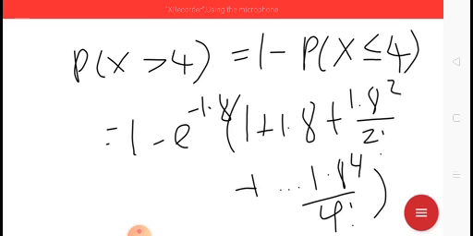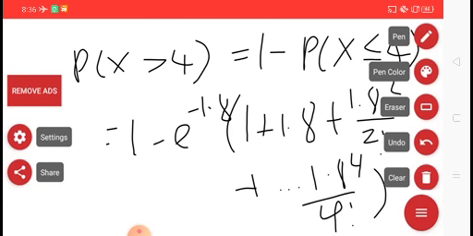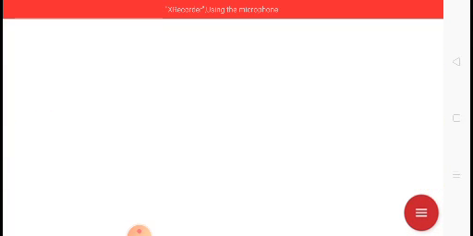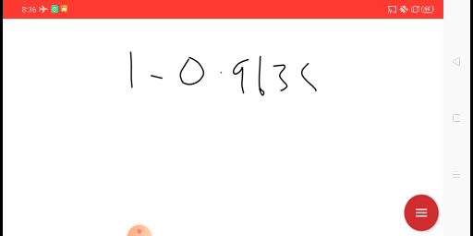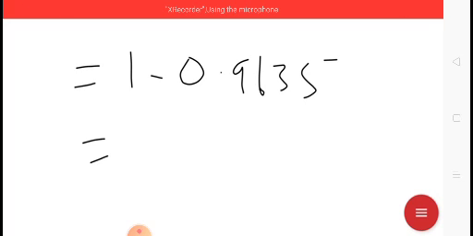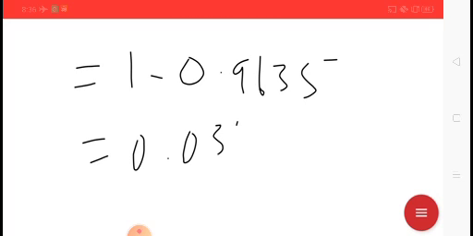Once you have this, you can simplify the calculation by keying all the exponentials in your calculator, and you should get 0.03640.